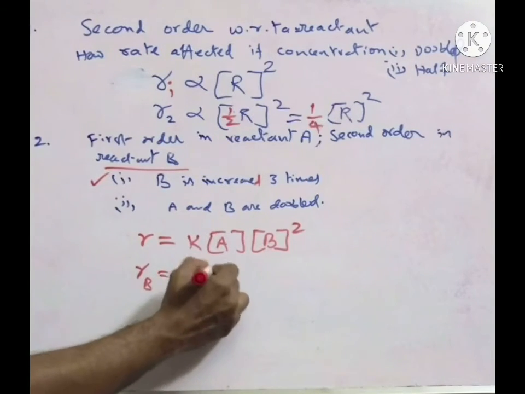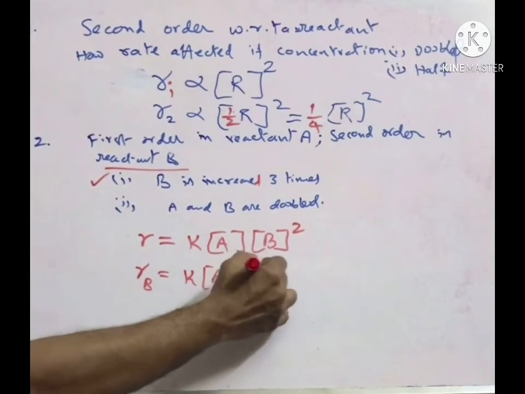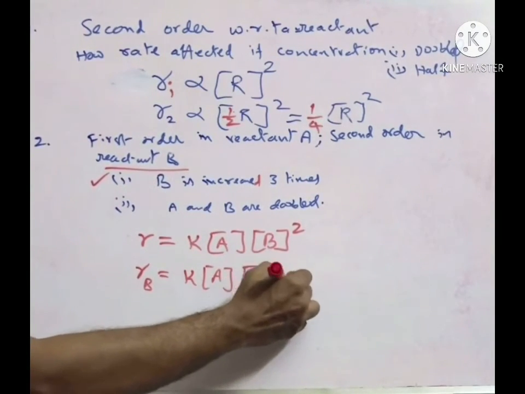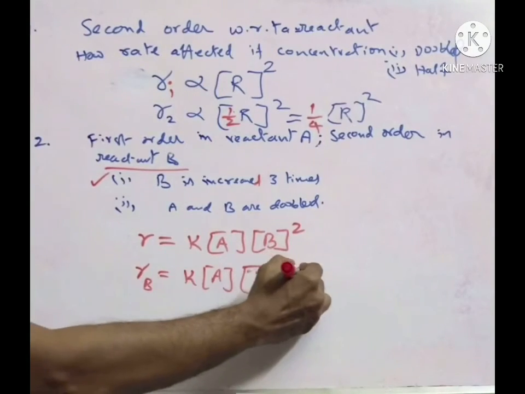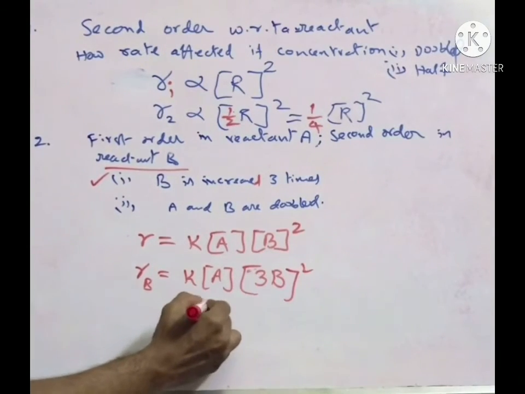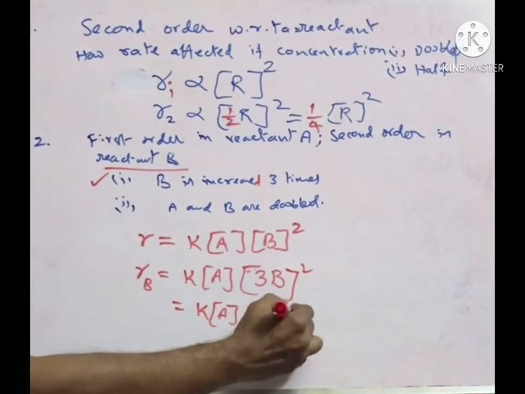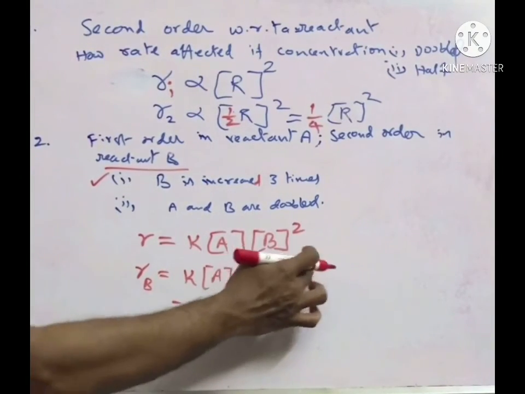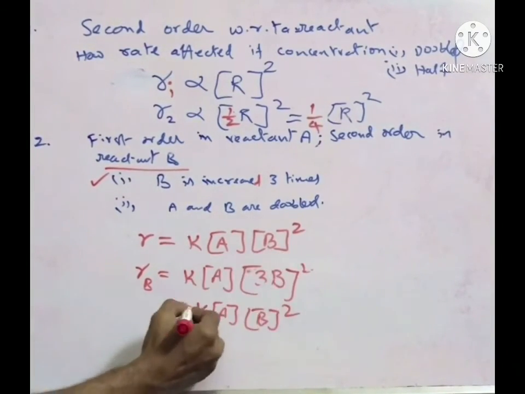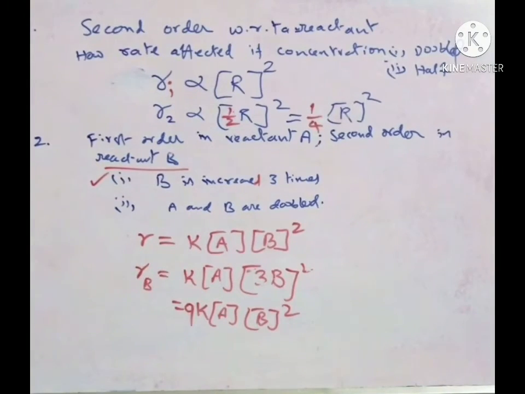So I write K and A is same. We are not changing it. B is 3B, it becomes 3 times of the original concentration and power 2. So that equals K into concentration of A into concentration of B power 2 into 3 square, that equals 9 times it increases.